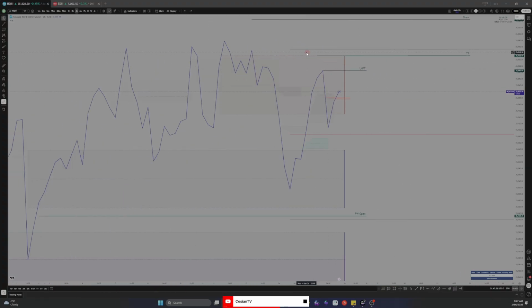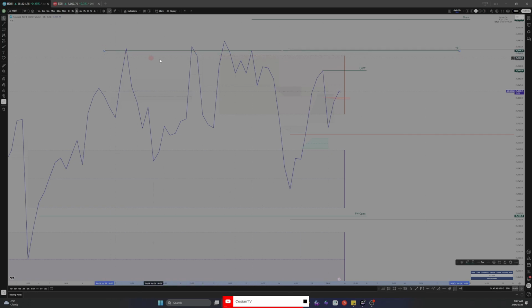But if you look higher, we do have this peak there. So that's not a bad target to have. There you go. So that would be around the open of the weekly candle.